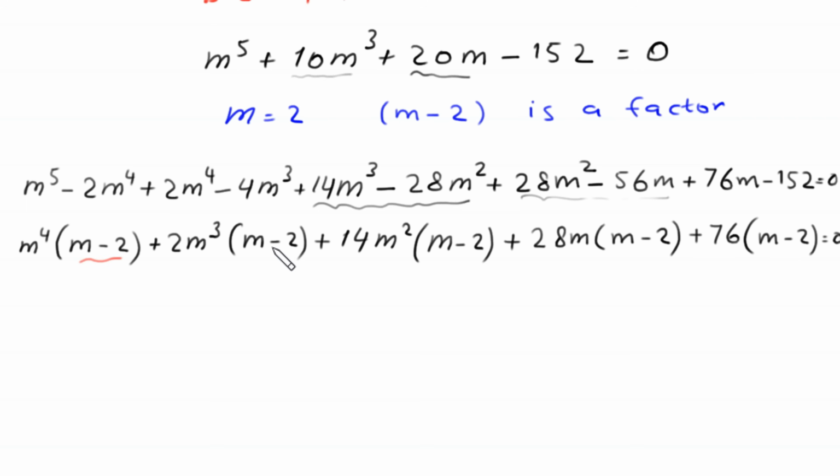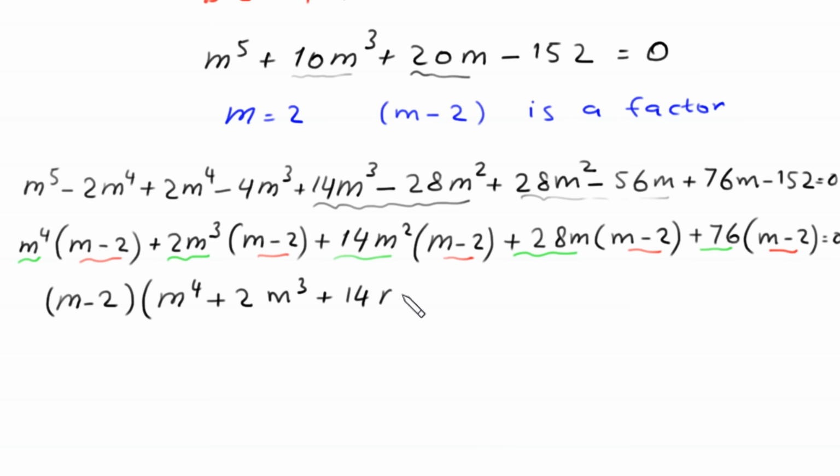Now this expression m minus 2 is common, so we factor out m minus 2. In bracket left m to the power 4 plus 2m cubed plus 14m squared plus 28 times m plus 76 is equal to 0.